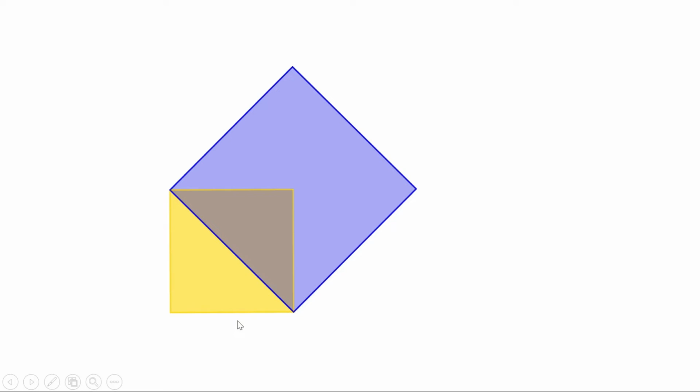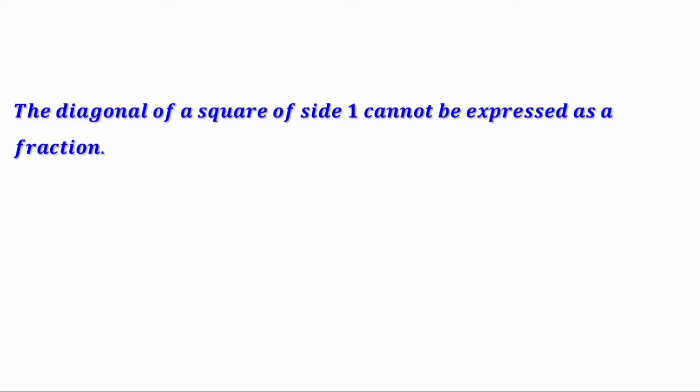That means square of the diagonal of the small square is the area of the large square. Therefore, if the diagonal of a square of side 1 meter is a fractional multiple of 1 meter, then the square of that fraction must be 2. But there is no fraction whose square is 2. That means the diagonal of a square of side 1 cannot be expressed as a fraction.